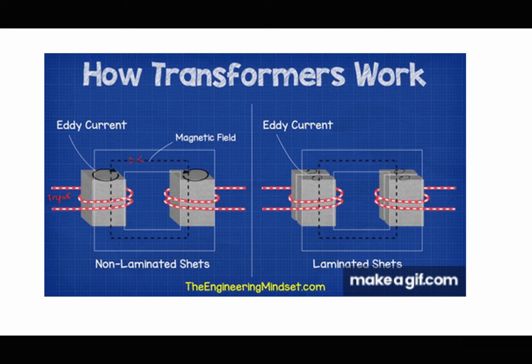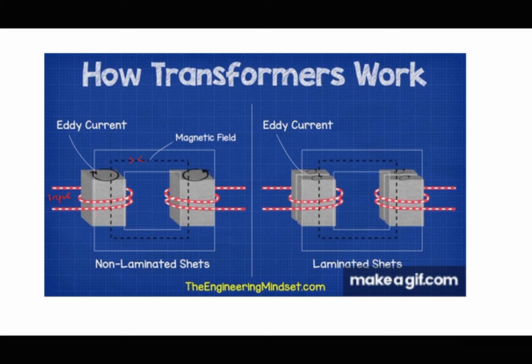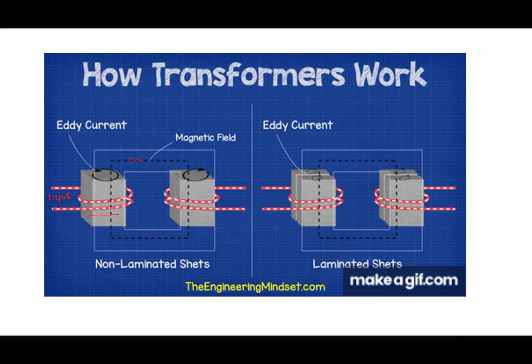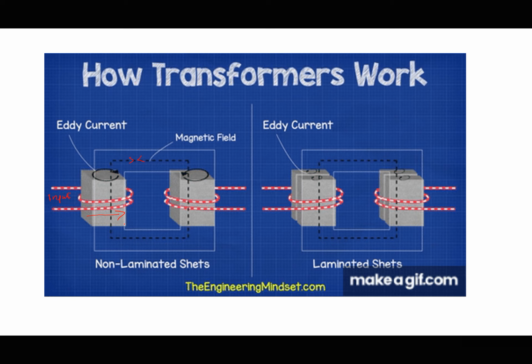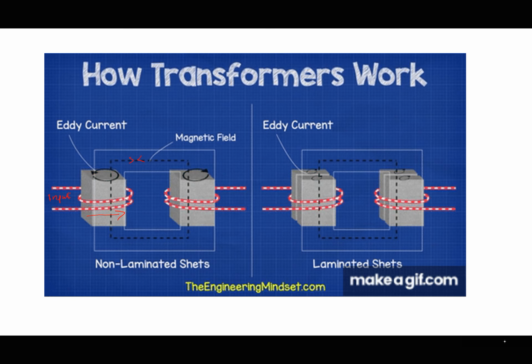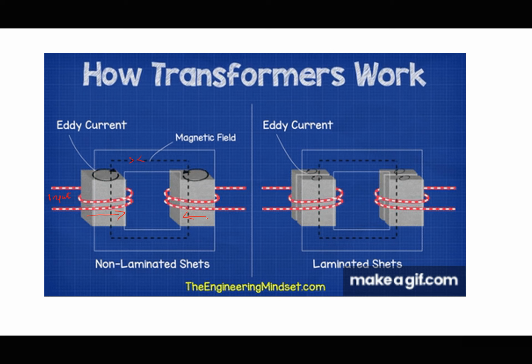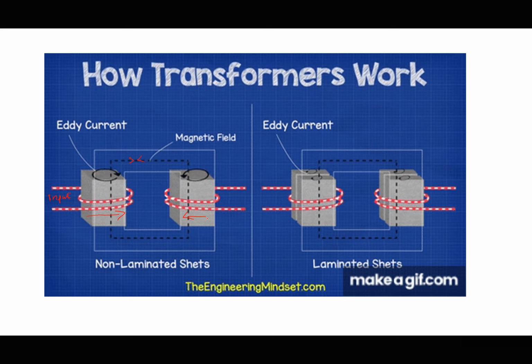There will be a current induced in the secondary, which is also going to be alternating. And I want you to notice from this animation that if the current here is in this direction, the induced EMF is actually in the opposite direction, which means they are actually out of phase.